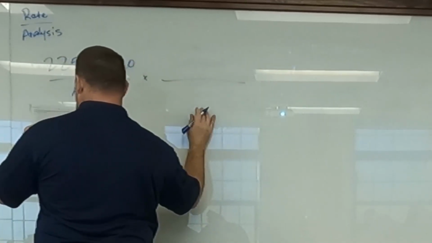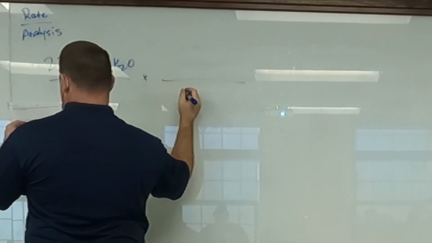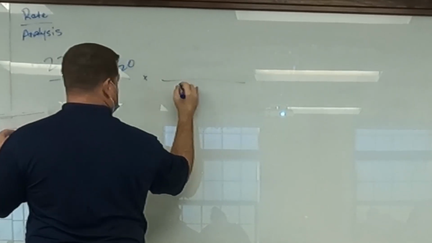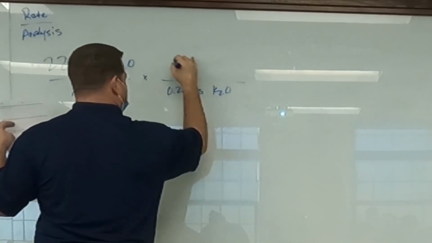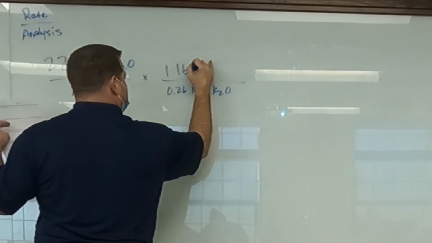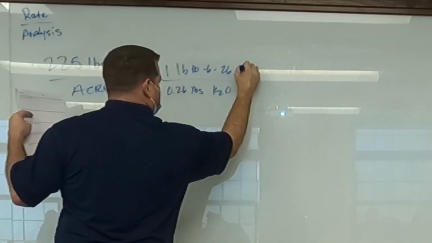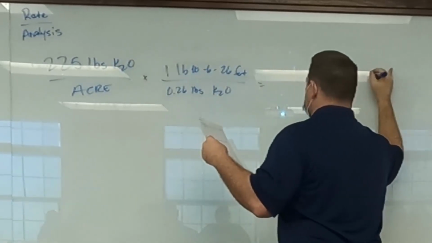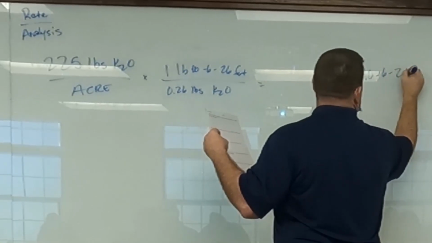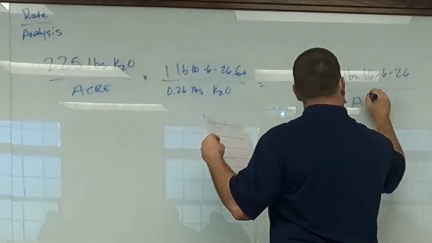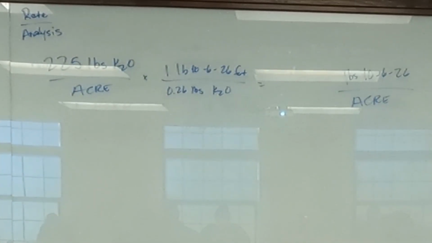In our guaranteed analysis, we are using 10-6-26 fertilizer. So there are 0.26 pounds of K2O in 1 pound of 10-6-26 fertilizer. Pounds of 10-6-26 per acre. Standard rate over analysis.